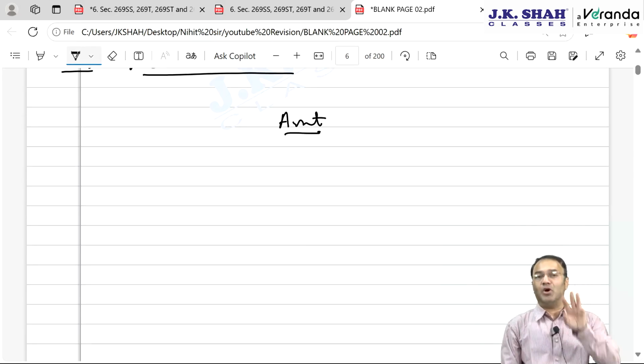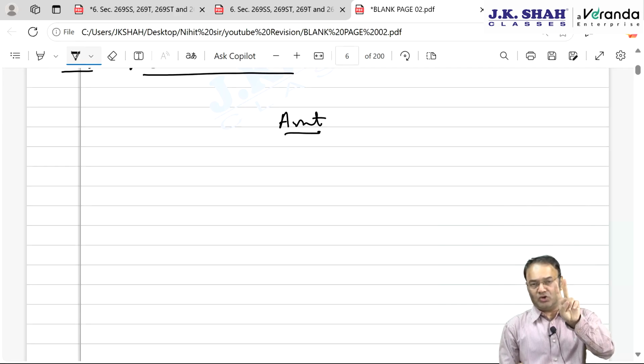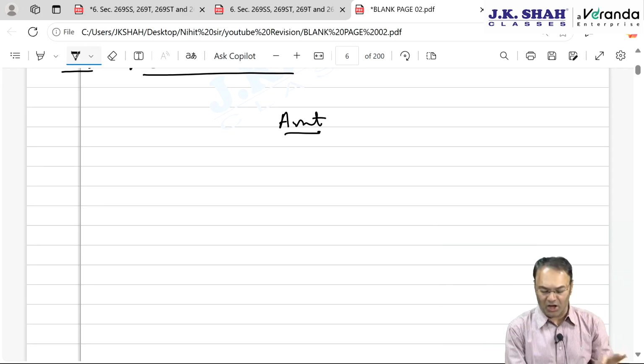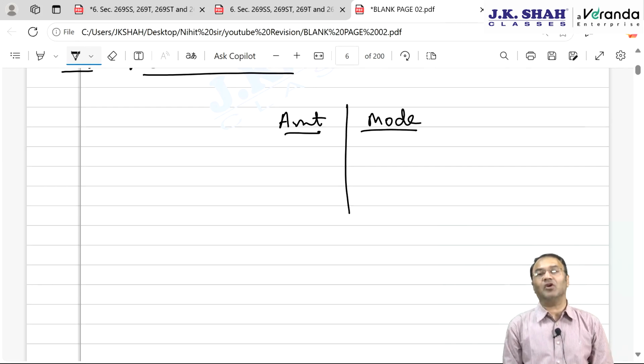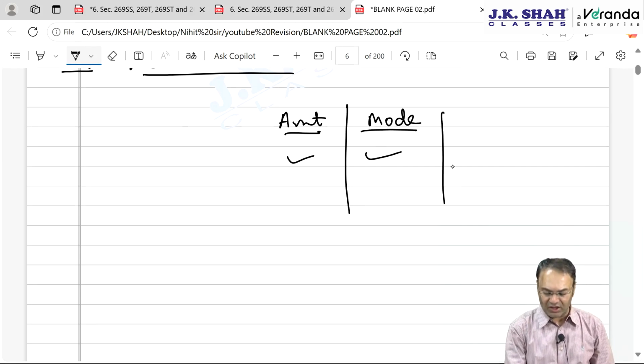Amount of what? Amount of fresh loan, fresh deposit, fresh specified sum, or outstanding along with interest, or fresh plus outstanding. Second condition, the mode of acceptance is otherwise than by way of account payee cheque, draft or ECS. If both the conditions are satisfied, only then will penalty be applicable. Penalty will be charged then.